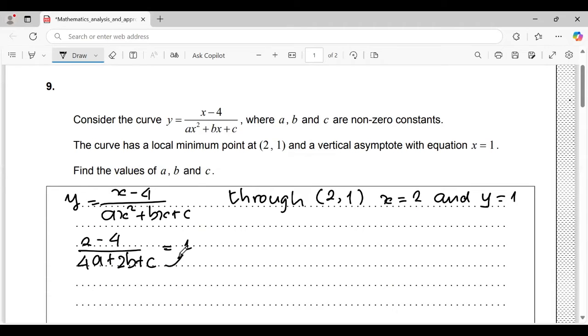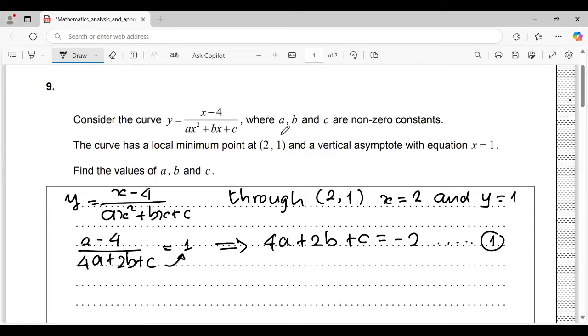Multiplying by the denominator, this equation becomes 4a plus 2b plus c equals 2 minus 4, which is minus 2. This is the first equation.